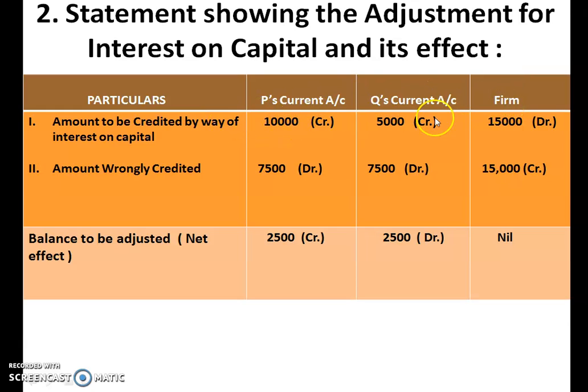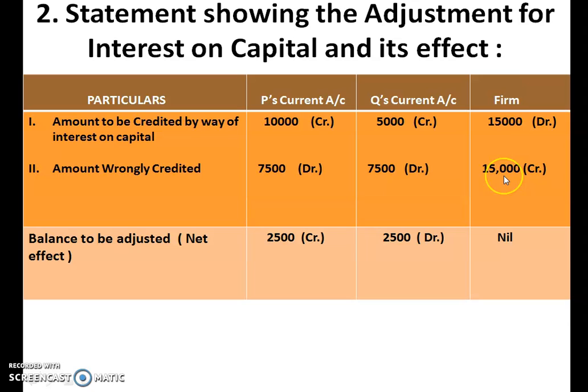Now, actually this 15,000 amount was not distributed to the partners the previous year. Because it was not distributed to the partners, it was like a profit for the firm last year. How much was that amount? This 15,000, as the second working, you have to write: amount wrongly credited.